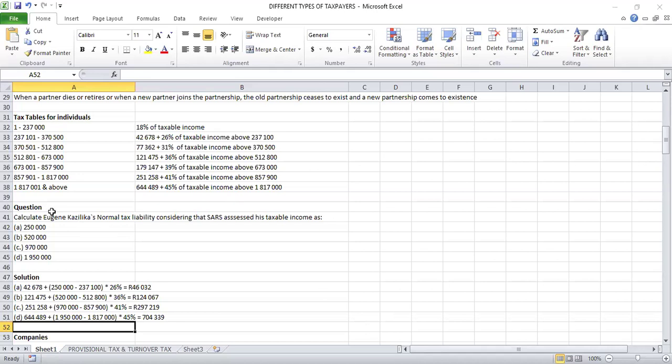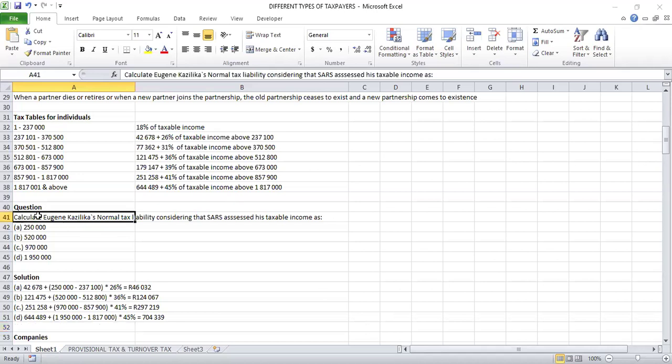Here I'm saying SARS has already assessed you, they've calculated and said all your income from all your sources is this much for the year. But when we do the tax for individuals, that will be done in tax 1501. That's when we have to determine maybe your monthly tax. You have to take into account that the month that you earn a bonus, there will be adjustments for those months that you don't earn a bonus and stuff like that.